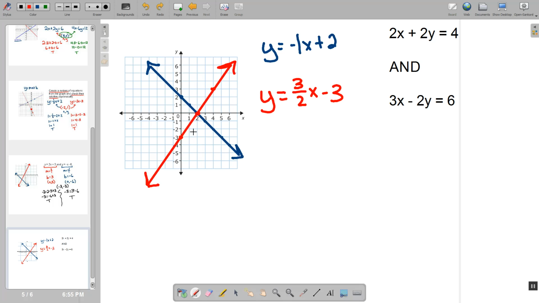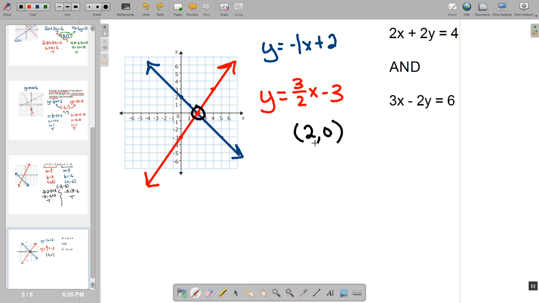So now let's find the answer, or find the solution to our system of equations. Well, it is right there, which is the ordered pair 2, 0. So our system of equations has a solution of 2, 0.